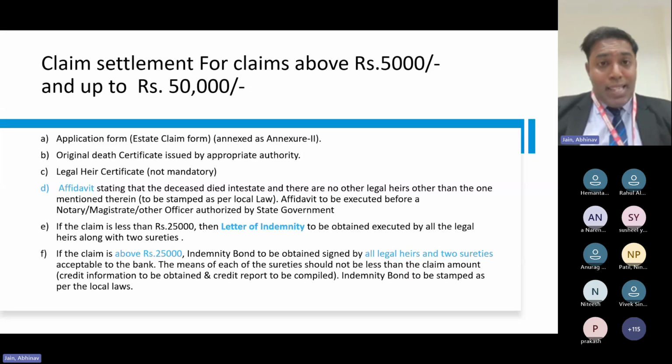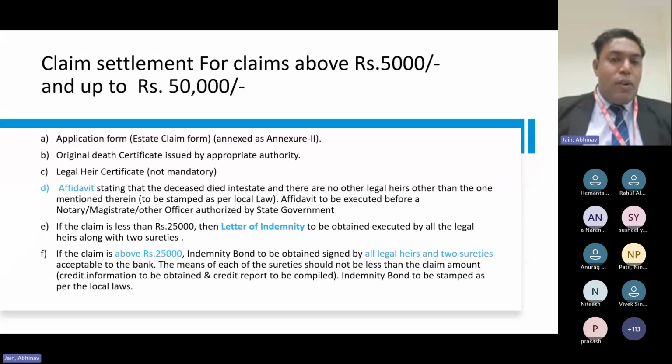In the exam, I am asking you one question. Let's say there is a death claim coming to me for settlement. The amount lies somewhere between 5,001 and 24,999. What are the documents that would be taken compulsorily? It is a letter of indemnity executed by all legal heirs with two sureties. And the same question comes with the amount, let's say, 25,001 rupees.